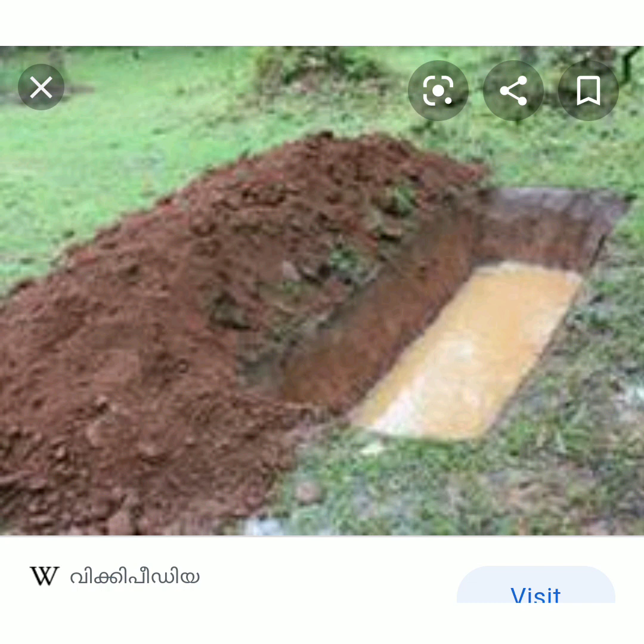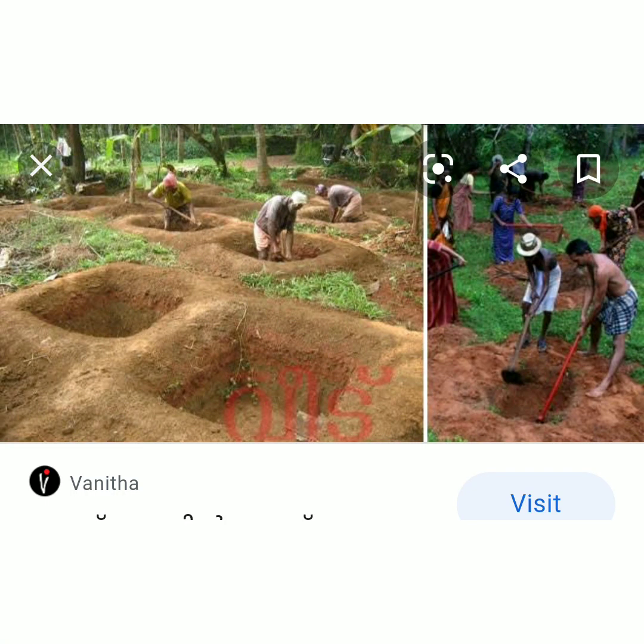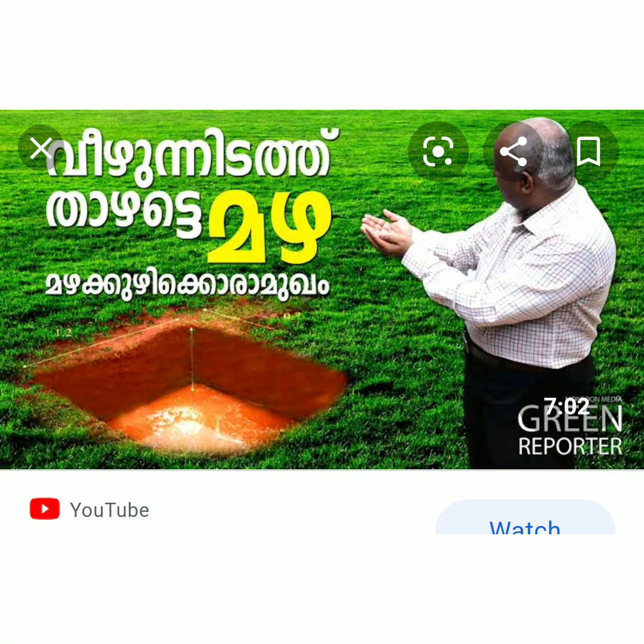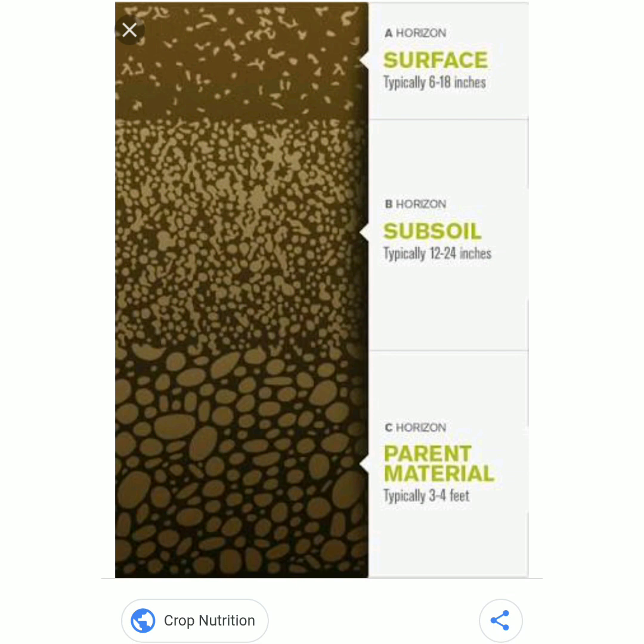Let's see. After the rain, water runs off through the surface and reaches a river, then the sea. It will decrease our groundwater level. Water should enter into deeper soil and it will enrich the groundwater reserve. Try to dig a pit in your courtyard after the rain.